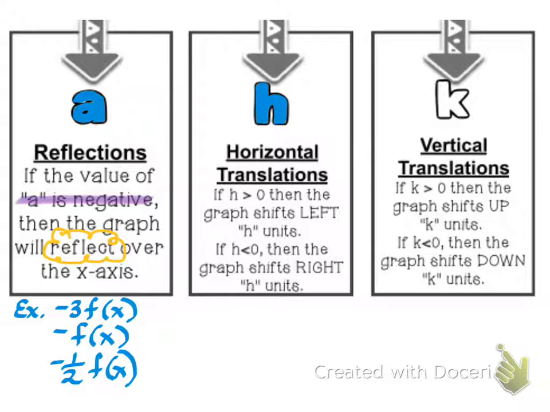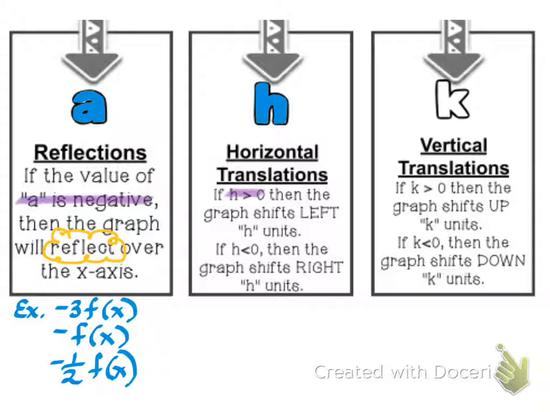All right, next we're going to take a look at H. And H is the horizontal translation, and you can kind of make a connection between the H's. Also, what's distinct about the H is that it is with the value of x in the template. And so x is left and right.